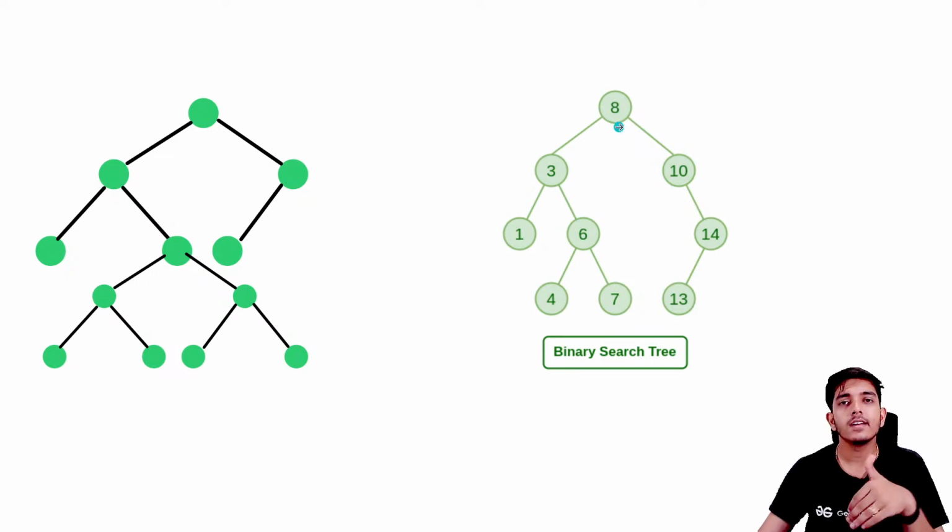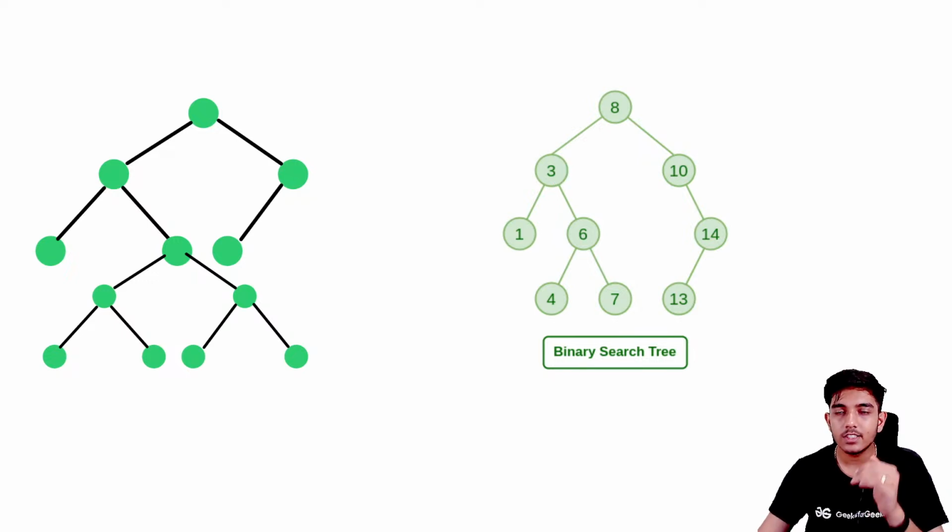In the next video, we'll actually see what's the logic behind this. You can see that we have these elements 1, 3, 6, and 4, 6, 7. So this order is smaller element, middle element, bigger element, smaller element, middle element, bigger element. I hope you are getting the difference. What's the usage of a binary search tree?